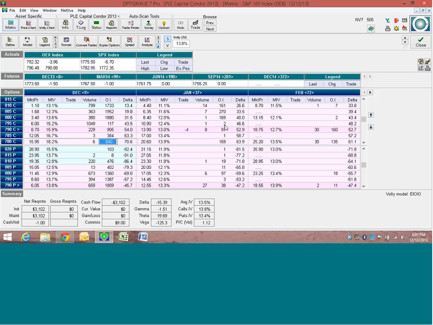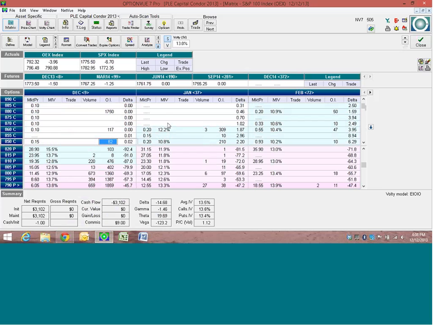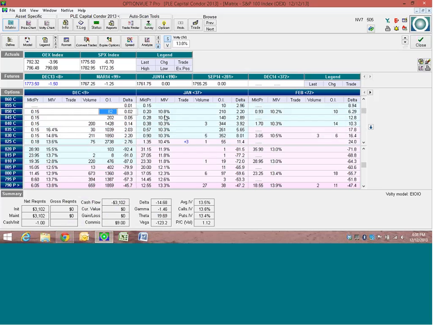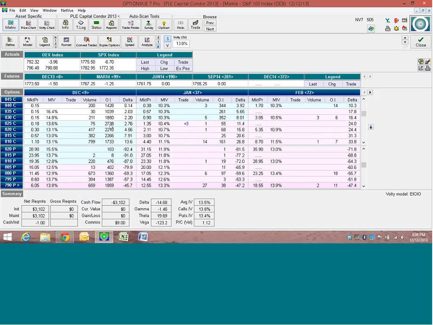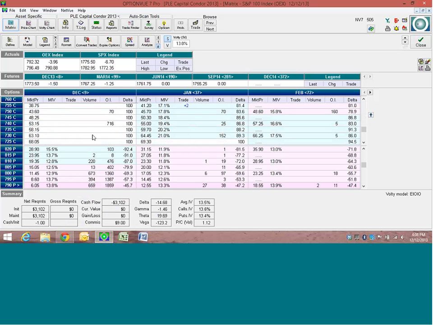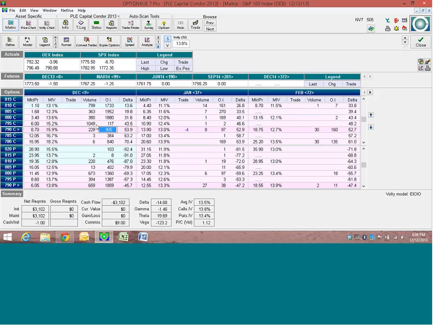The last couple things here I want to just go into, and I'll show this in the OEX too, because in the OEX you've really got something you have to be aware of. In the SPX, you can see the open interest and the volume across strikes are pretty good, but they tail off as we get away from the at-the-money strikes.